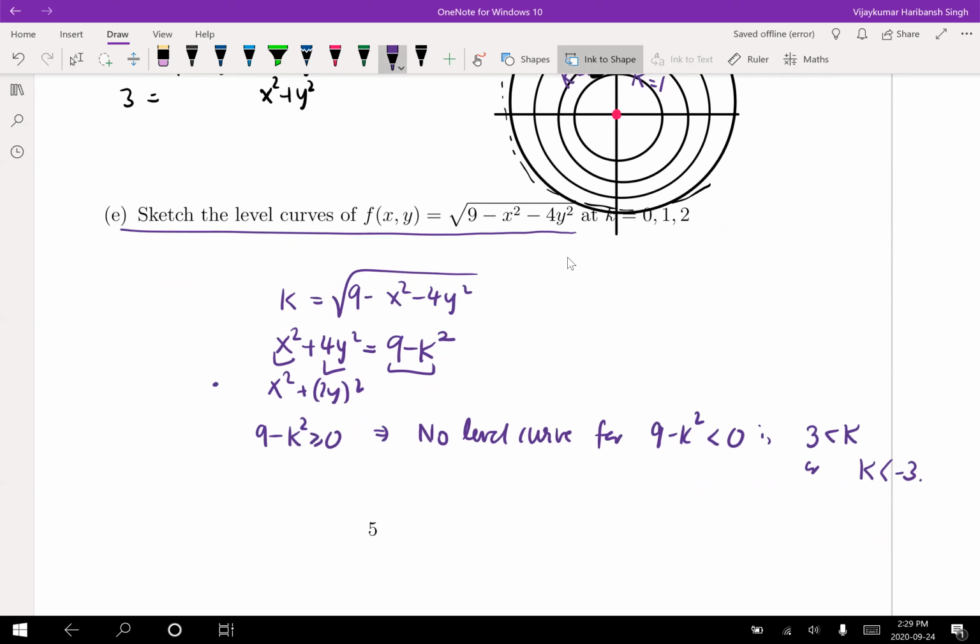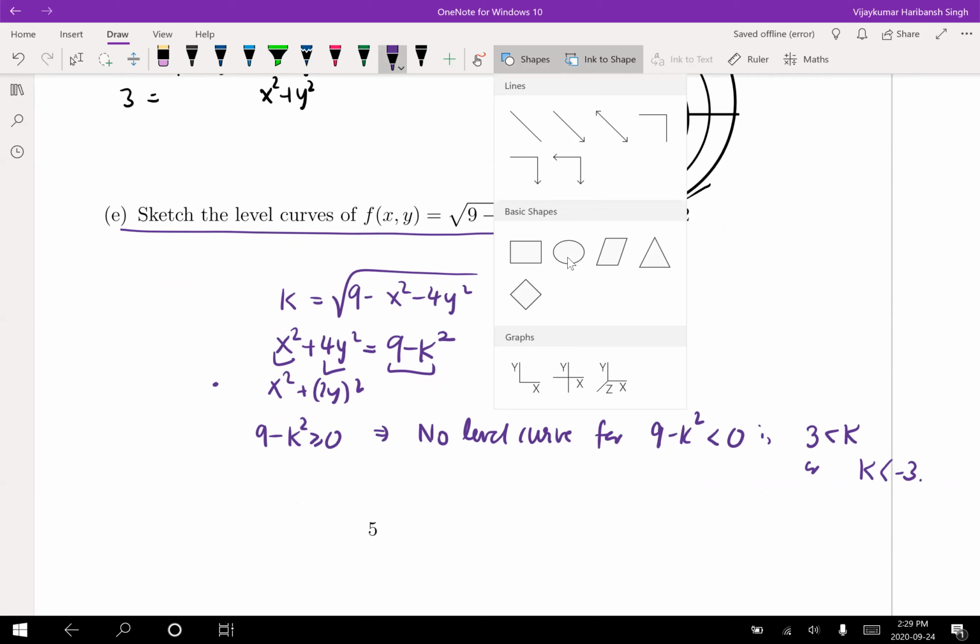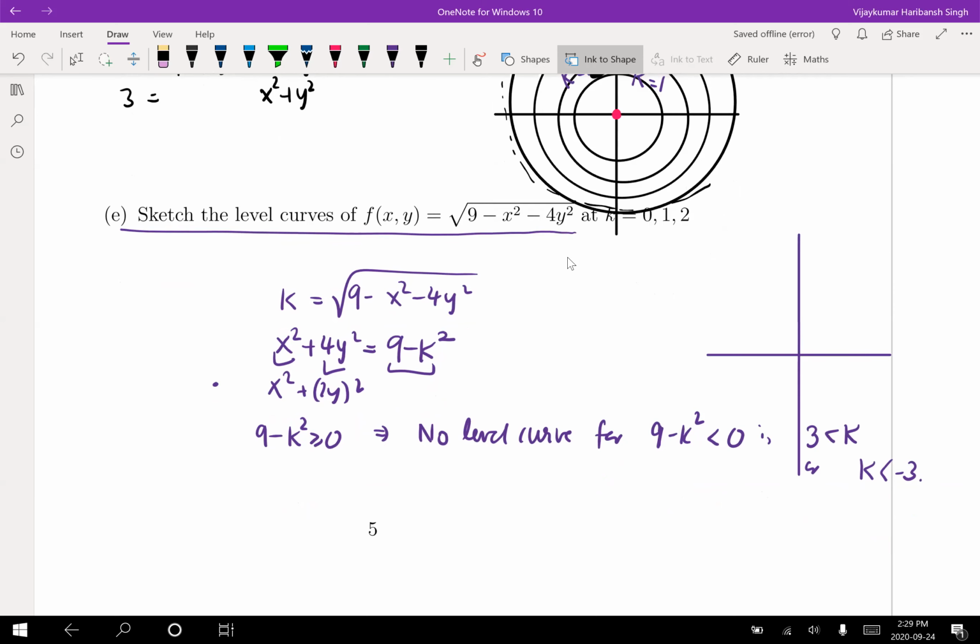So let's see, for k equals to 0, what do we get? We have x square plus y square equals to 9.